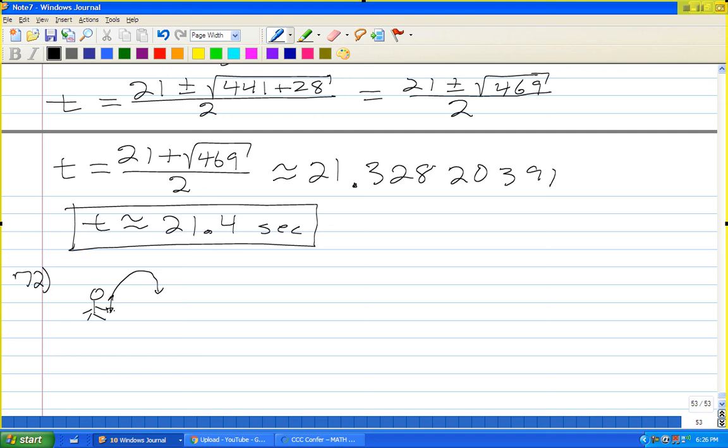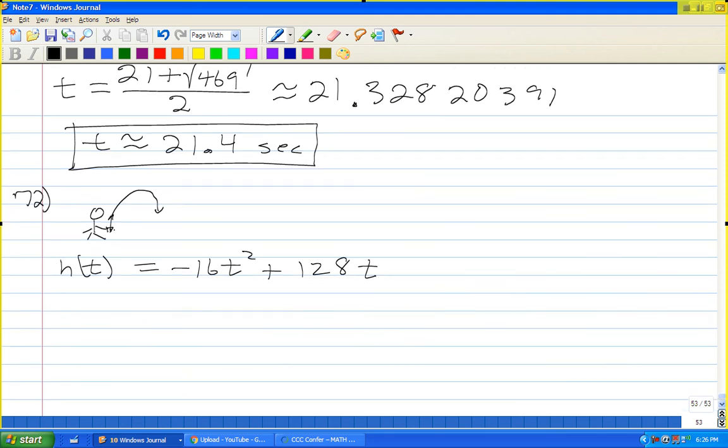The height in feet of the arrow t seconds after it is shot in the air is given by the function. So its height here is negative 16t squared plus 128t. Find the maximum height of the arrow.